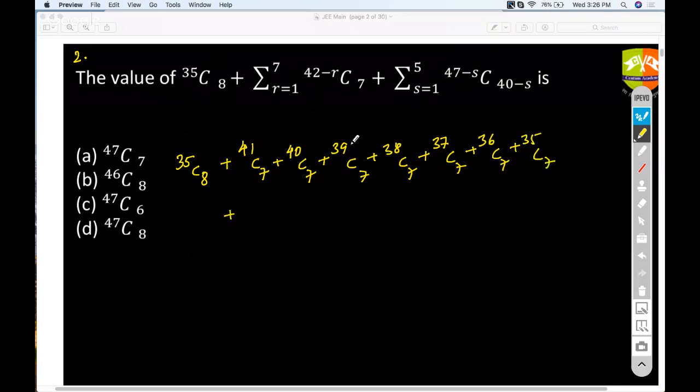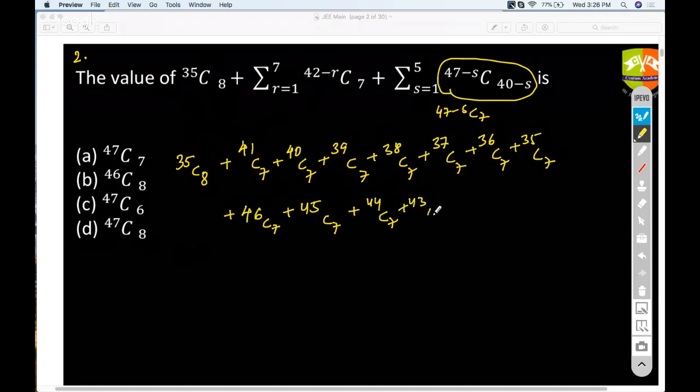Okay, and here we can actually write this term as 47 minus 8C7. So that's going to be 46C7, 45C7, 44C7, 43C7 till 42C7. Okay.